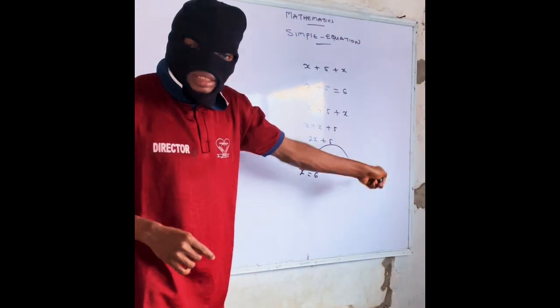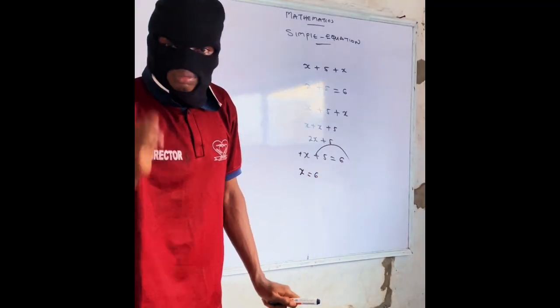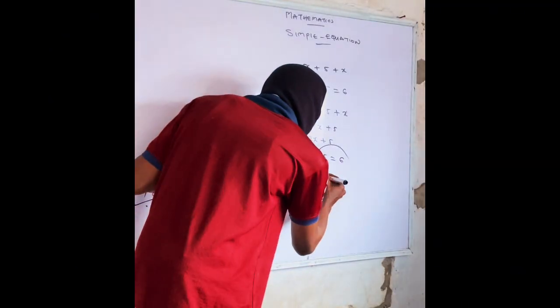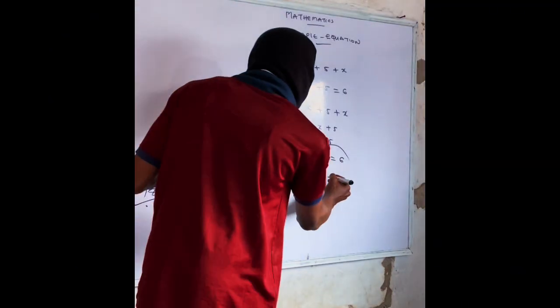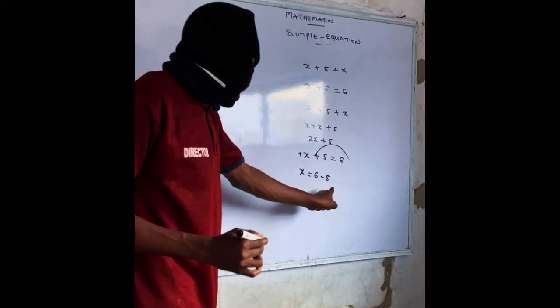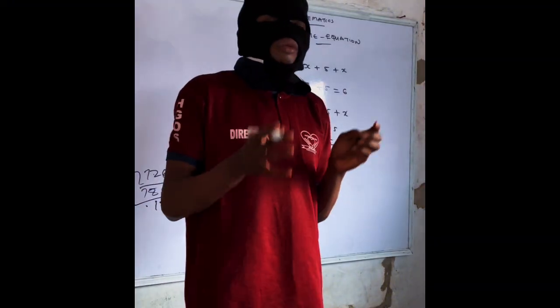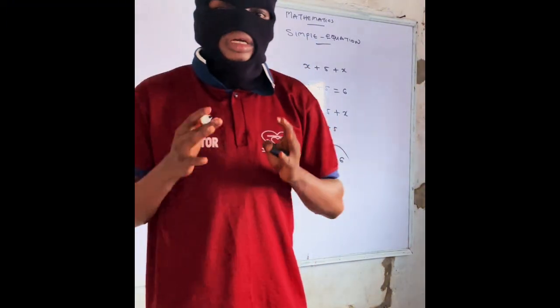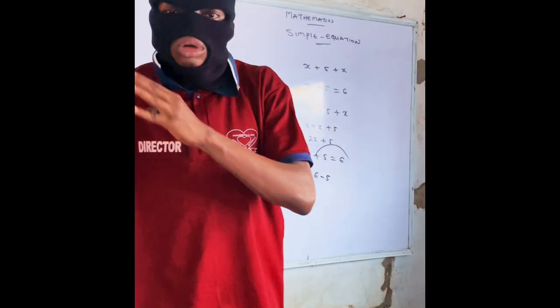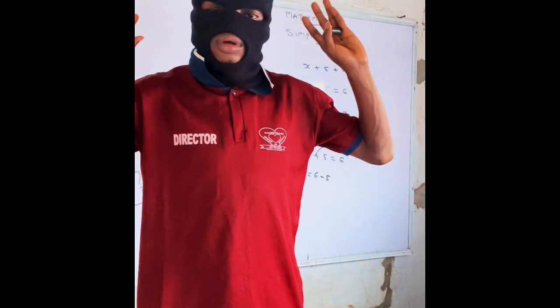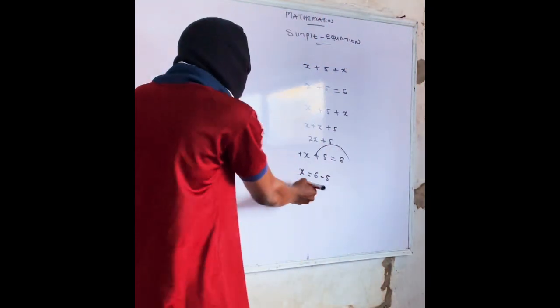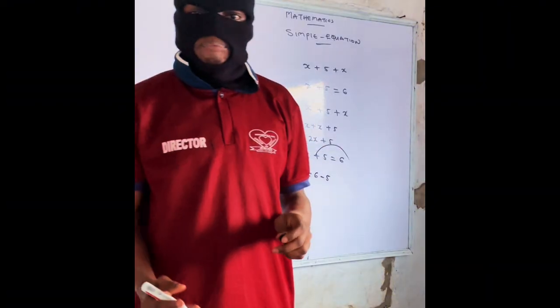As it's traveling, this plus will change to minus. So you now have minus, then you write your 5. This is telling you that I have moved away from Nigeria, and I'm now in another country called the US. Very simple. That's how you have x, and this x is still in Nigeria.